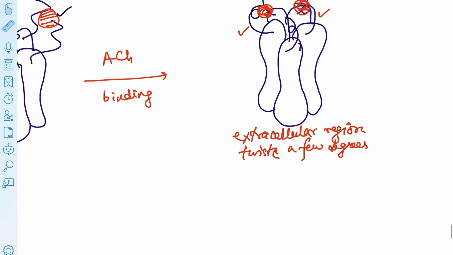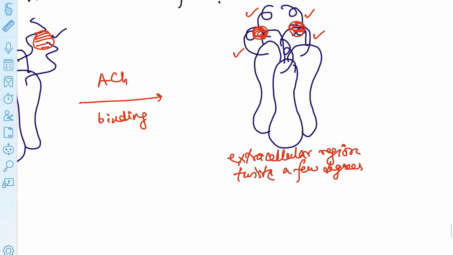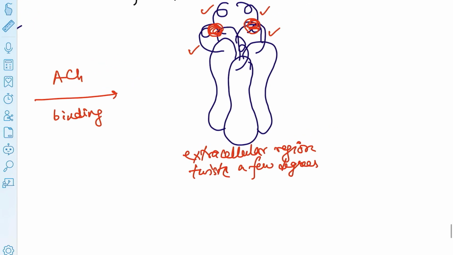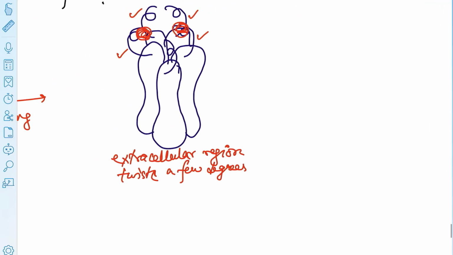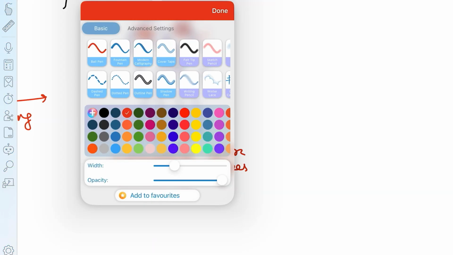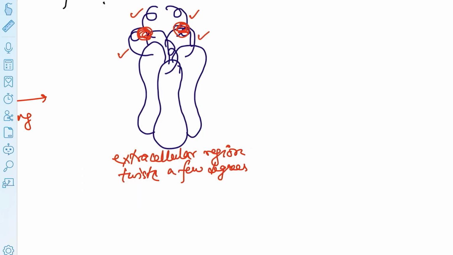So when the extracellular region twists a bit, what happens in the normal state, or the resting state, when the channel is closed, is that, as I told you, the M2 regions of the different subunits form the pore. Now the M2 region has some cluster of hydrophobic amino acids. Suppose I draw the M2 regions of the 5 different subunits.